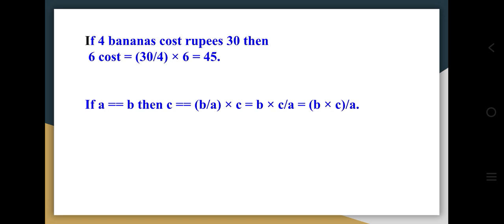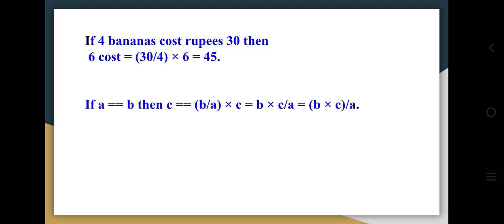Now suppose we are asked what is the cost of 6 bananas if 4 bananas cost rupees 30. So to get the cost of 6 bananas, what we do is we divide 30 by 4, then multiply by 6.